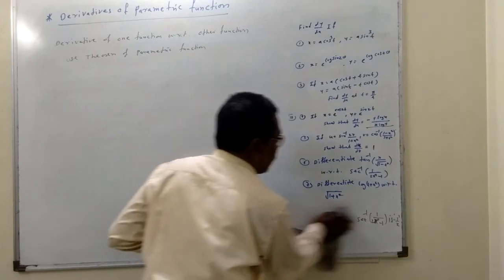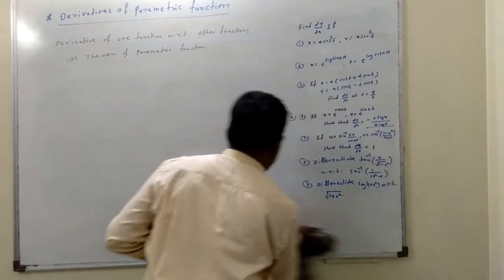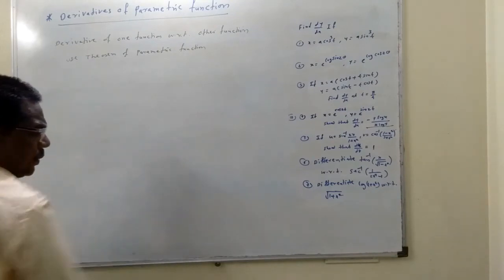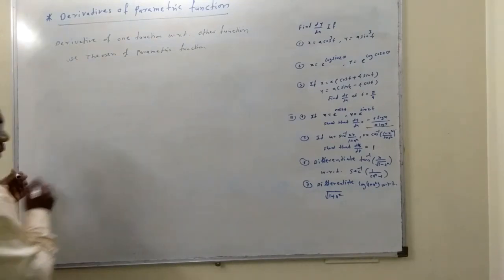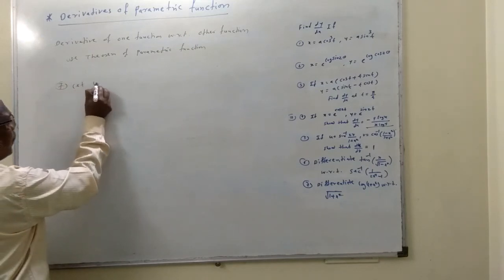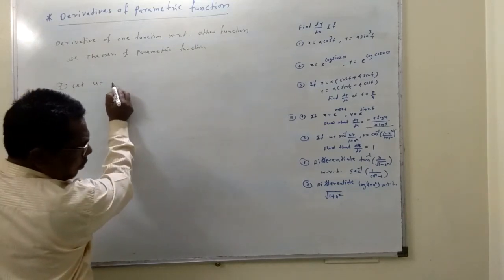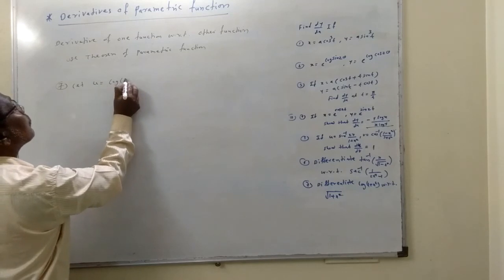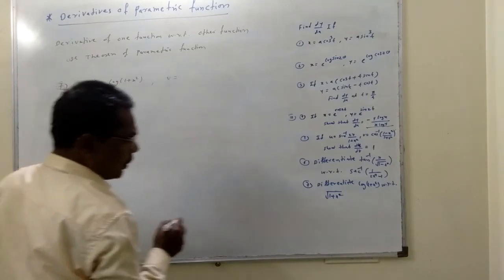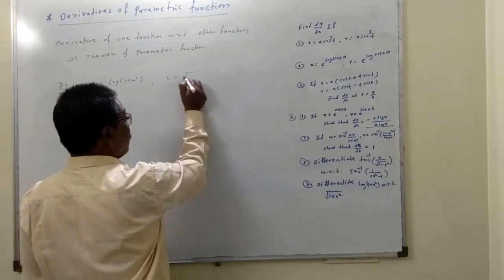Now the seventh example, which is also the derivative of one function with respect to another function. So we start the seventh example. Let u equal to log of 1 plus x square, v equal to root of 1 plus x square.